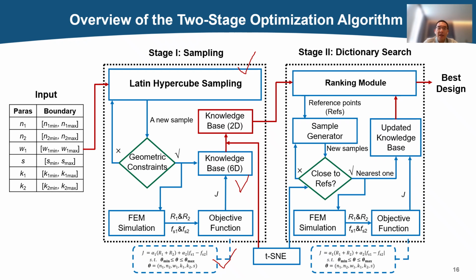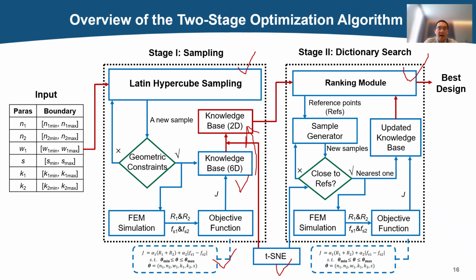To visualize and analyze the high-dimensional data, the t-SNE algorithm is used to reduce the dimension from 6 to 2. The reduced dataset is then processed by a ranking module, which selects the top 20 out of the initial 200 samples for further exploration. The remaining 180 samples are set aside.